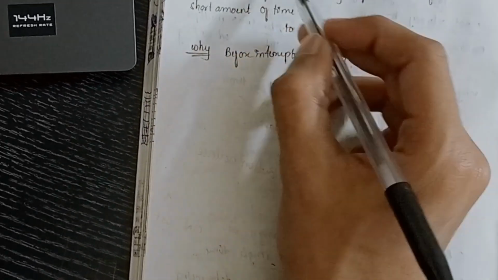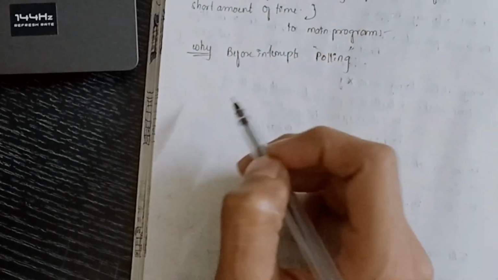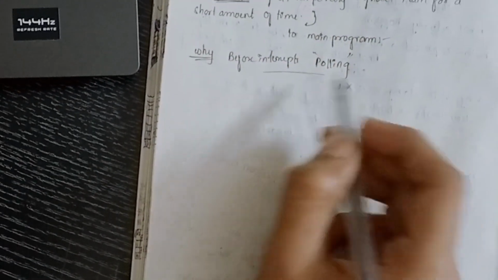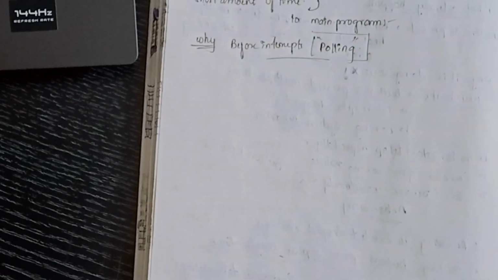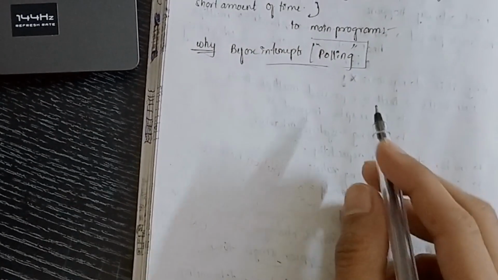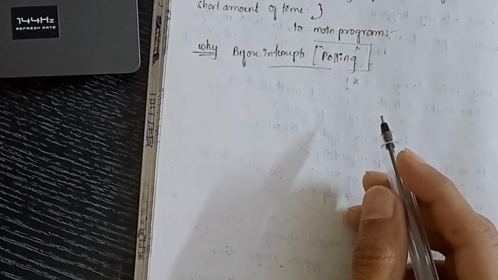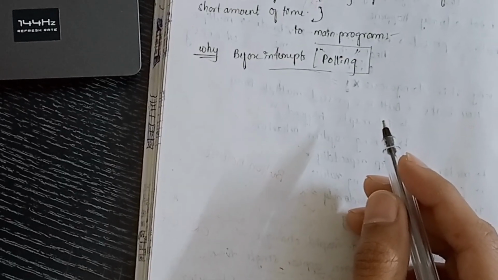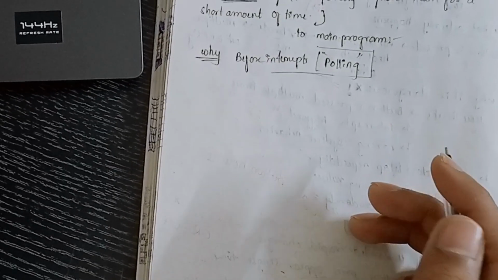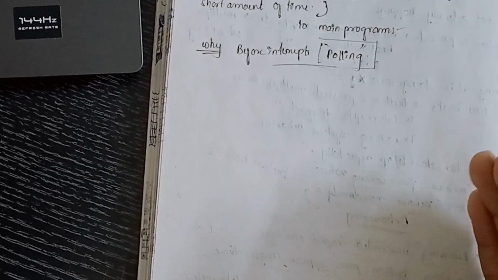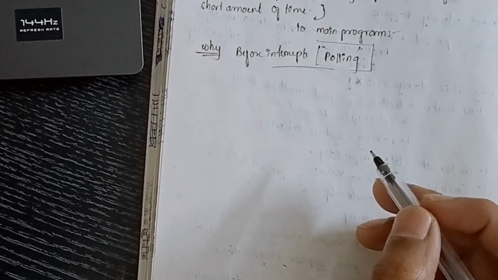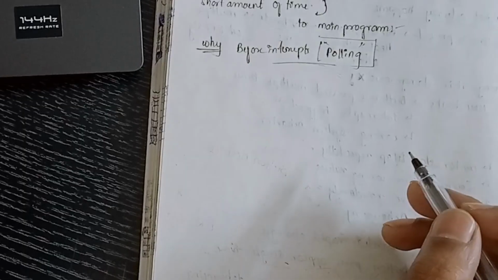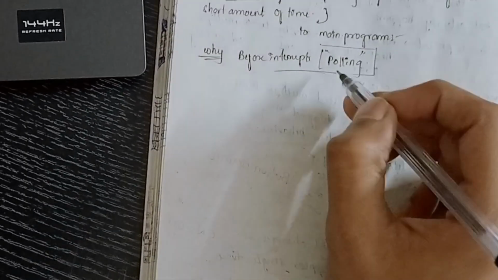As in the example of you studying, in the same case, this polling system would look like: when you are studying, you would be frequently checking for calls or texts and notifications, that is, whether any event has occurred or not. The frequent verification for a task to be done is called polling.